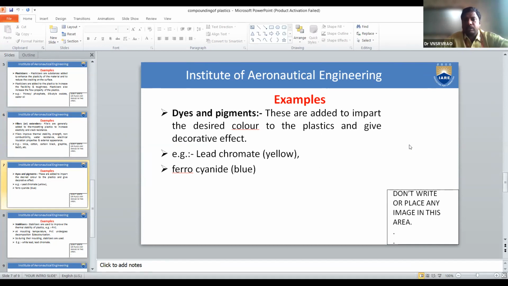These are added to impart the desired color to the plastics and give a decorative effect. What are the examples for dyes and pigments? Lead chromate, ferrocyanide. Lead chromate produces which color? Yellow. Ferrocyanide? Blue. Very good.